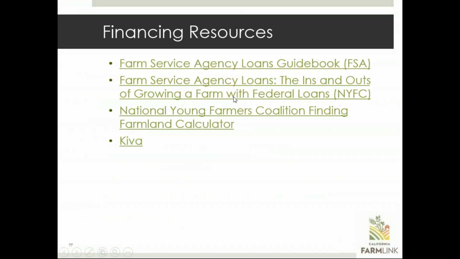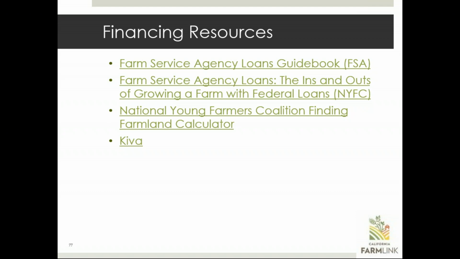And then there's something that I think is a really good companion to that, which is something that the National Young Farmers Coalition put out several months ago, and it's titled The Ins and Outs of Growing a Farm with Federal Loans, and has a lot of great information, kind of helps you, from a lay person's perspective, understand the FSA loans that are available.